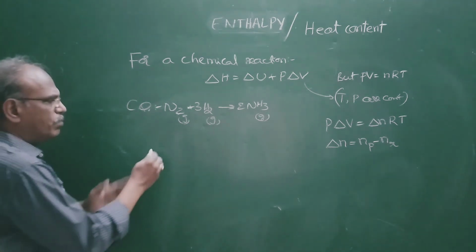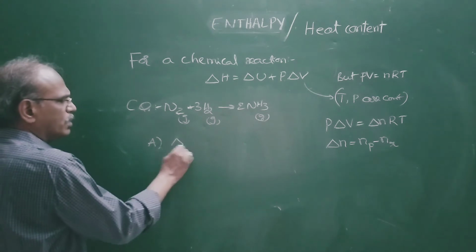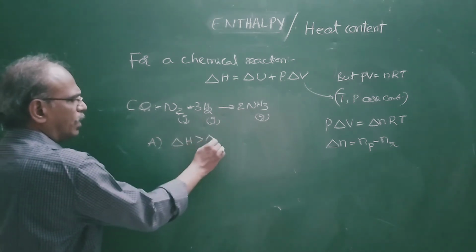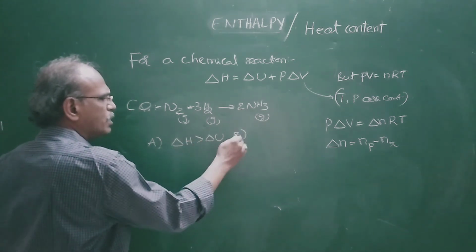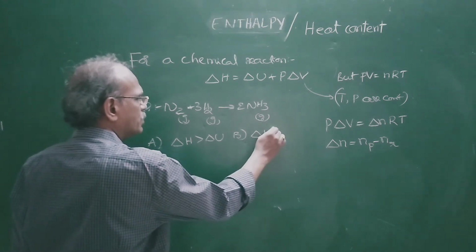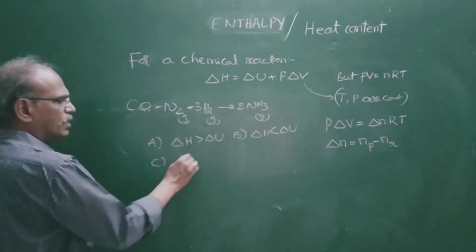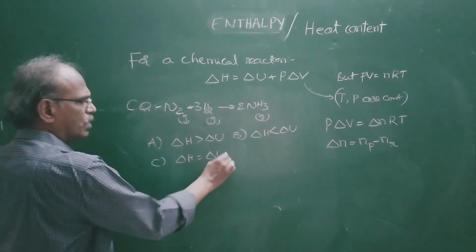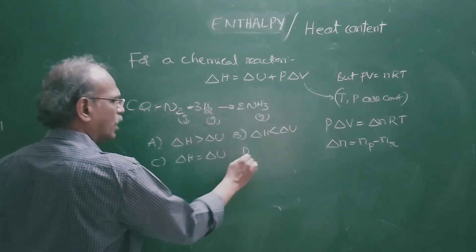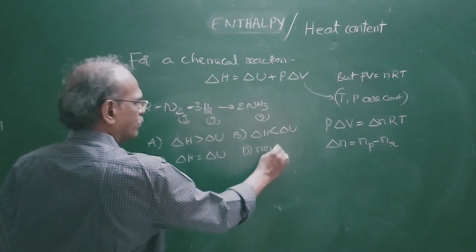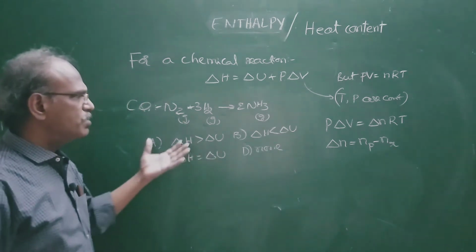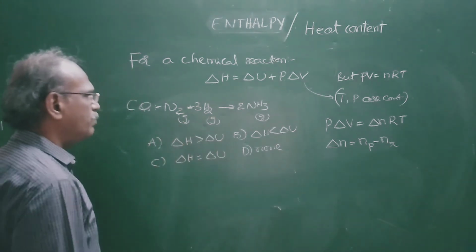What is the relation between delta H and delta U here? The options may be like this: delta H is equal to delta U, and none. See which is the correct relation.